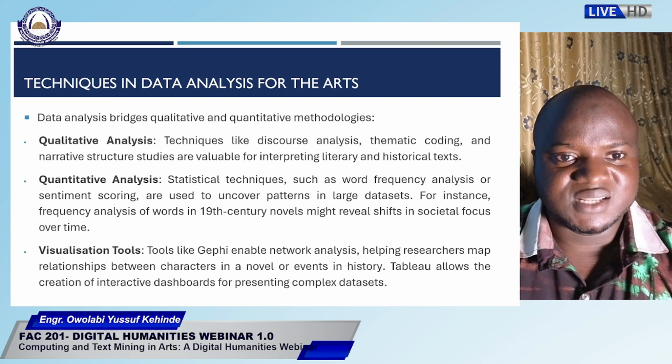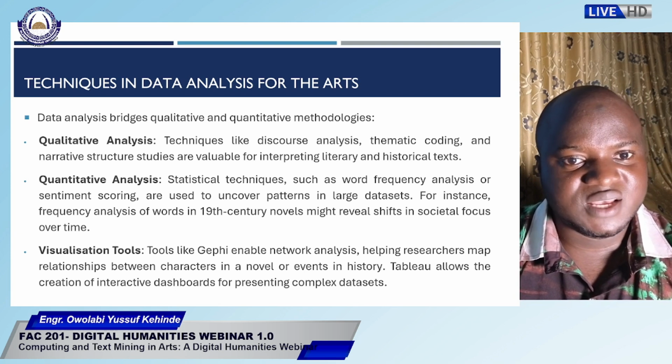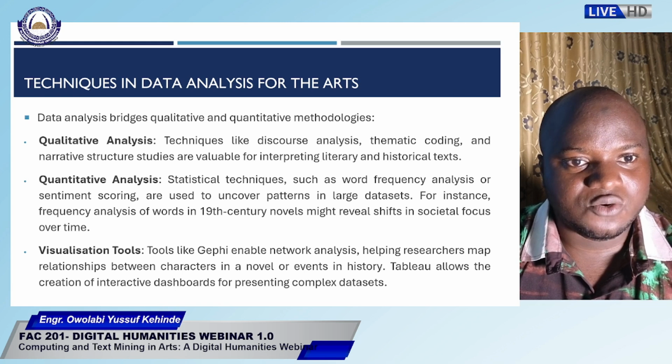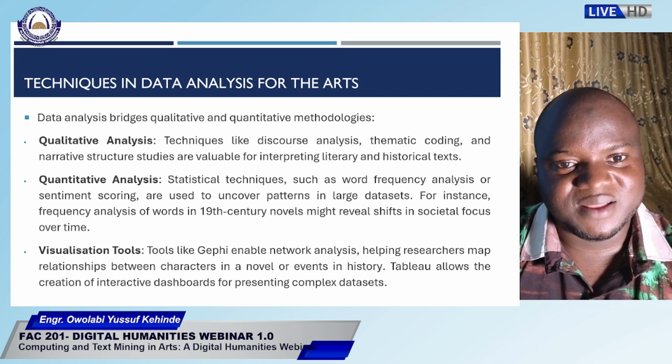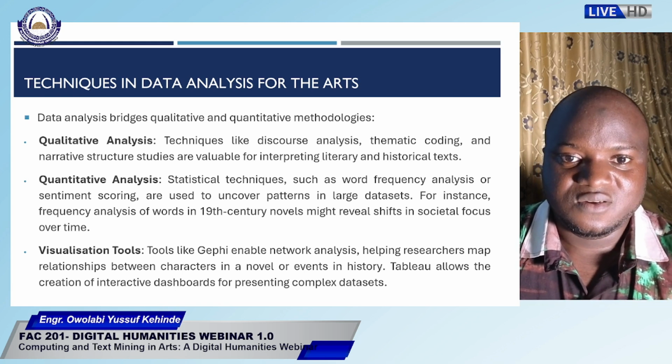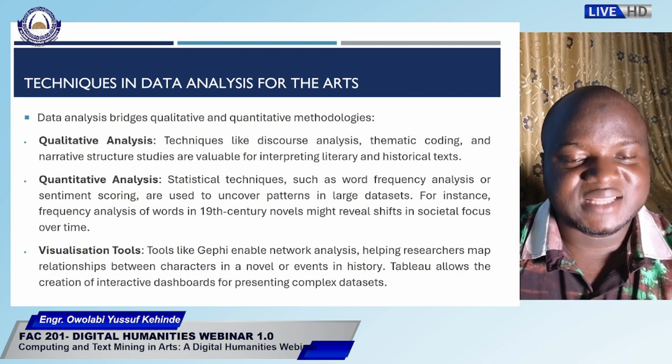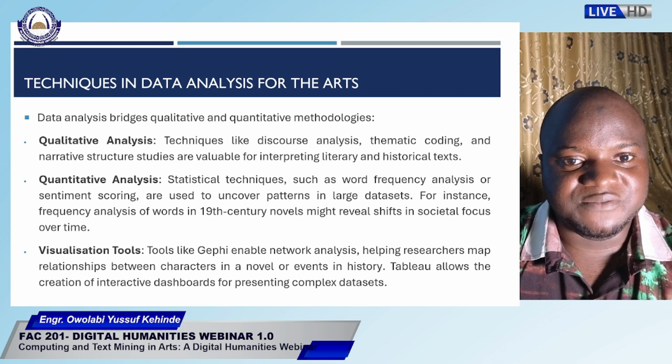Quantitative analysis: statistical techniques such as word frequency analysis or sentiment scoring are used to uncover patterns in large datasets. For instance, frequency analysis of words in 19th century novels might reveal shifts in societal focus over time.